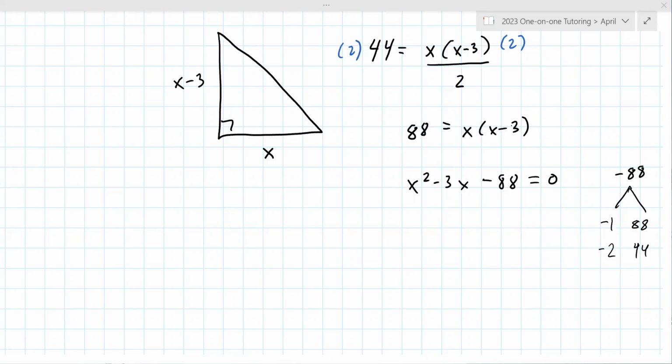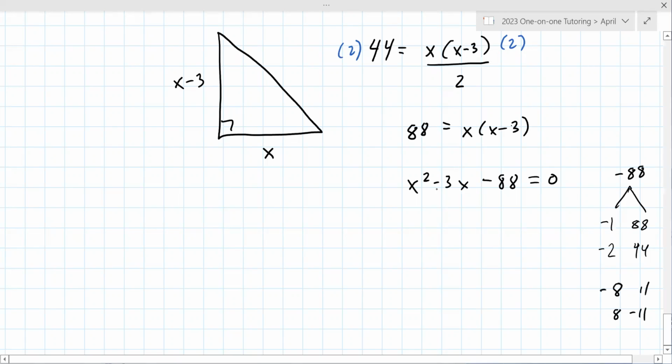So -8. Yeah, so is it -8 and 11 or 8 and -11? You want the one that adds up to -3 this time.